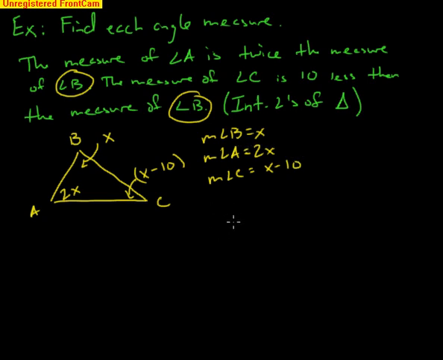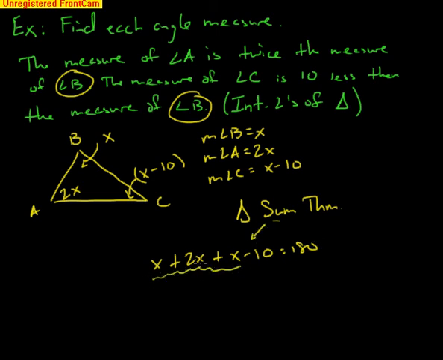And now we apply the triangle sum theorem. We add the three angles together to equal 180. So x plus 2x plus x minus 10 equals 180. That's the triangle sum theorem.